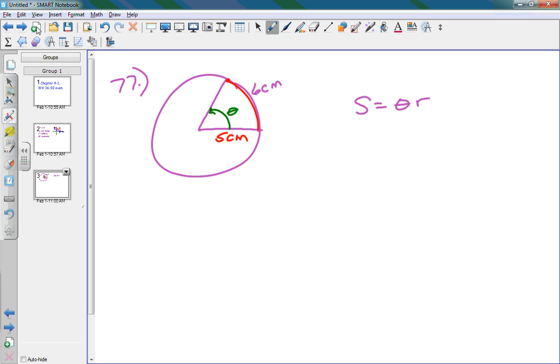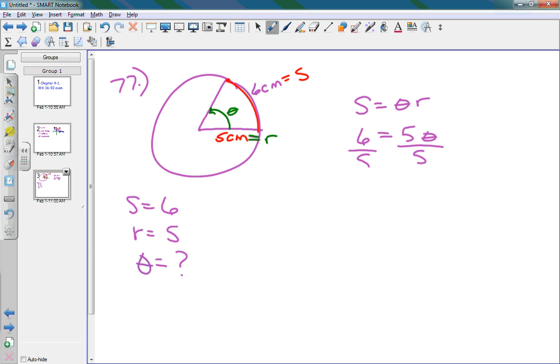This is your arc length, which is S. This right here is your radius. So you plug in what you know. We know that S is equal to 6, and we know that R is equal to 5. Theta, we do not know. So plug in. 6 is equal to 5 times theta, divide by 5. And what is theta going to equal?